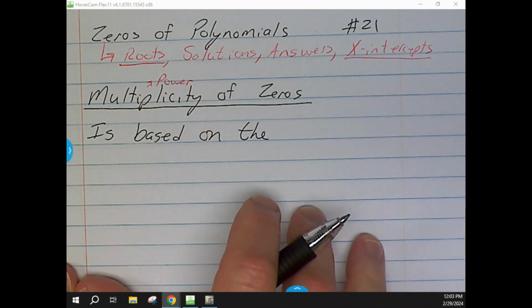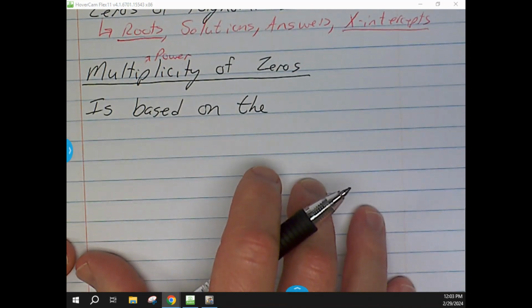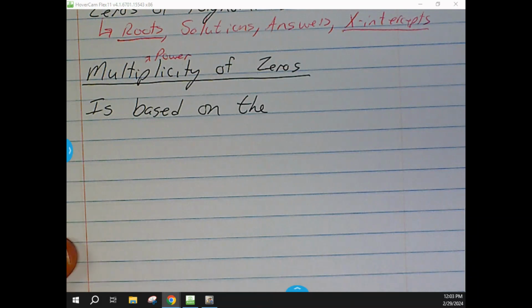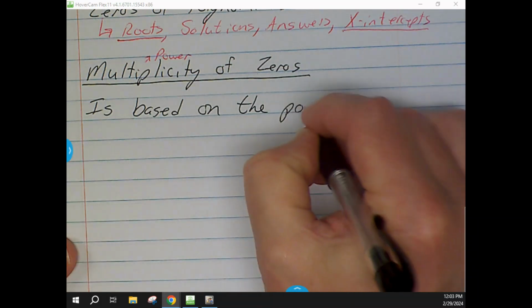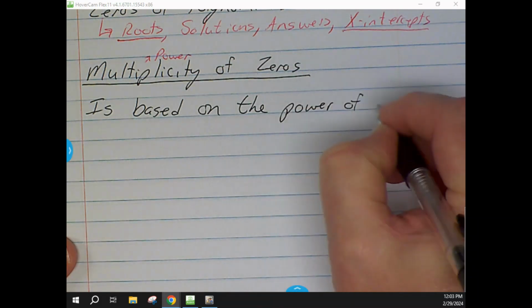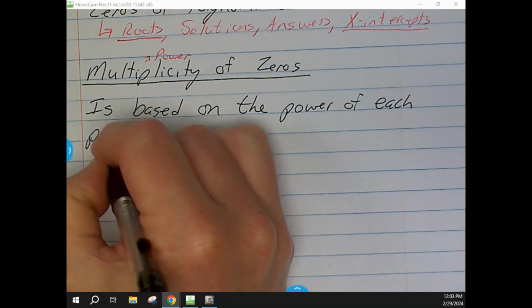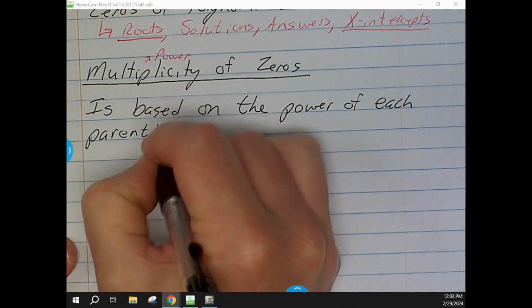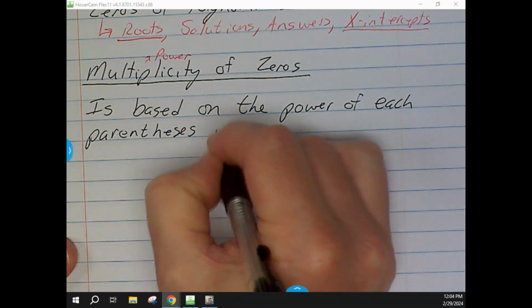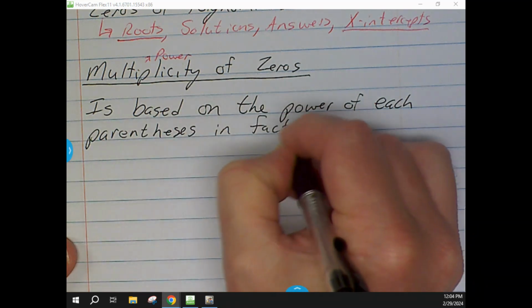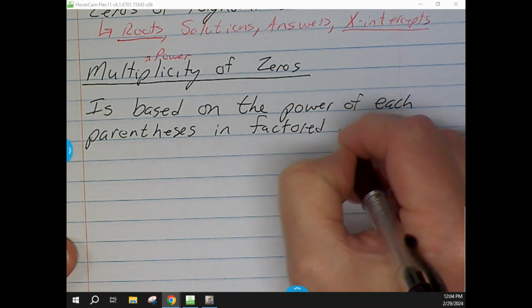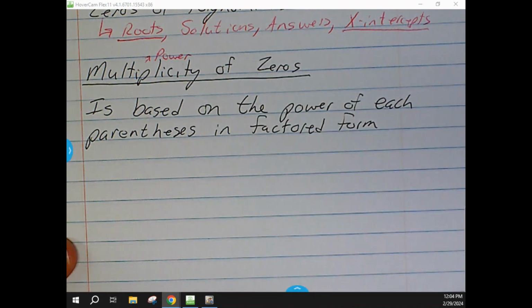Okay, and when we're talking about the multiplicity and the powers, here's where it is: it's based on the power of each parentheses in factored form.